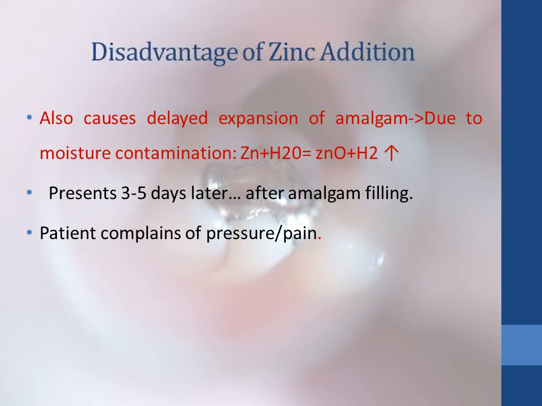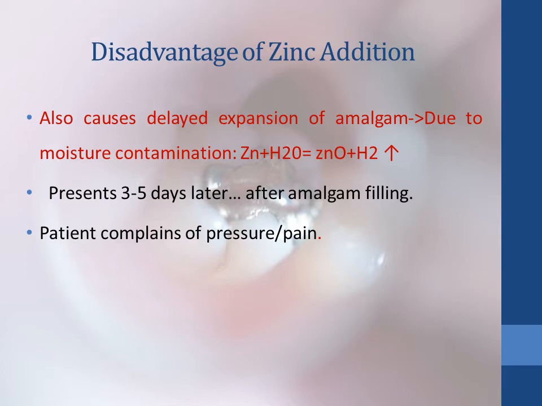And a disadvantage of zinc is a very important phenomenon which is often asked: delayed expansion. Excess zinc, or zinc itself, causes delayed expansion. Due to moisture contamination, the zinc reacts with water and produces zinc oxide and hydrogen gas.